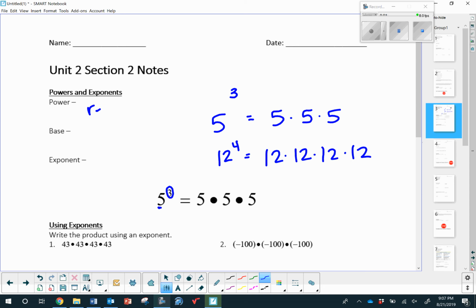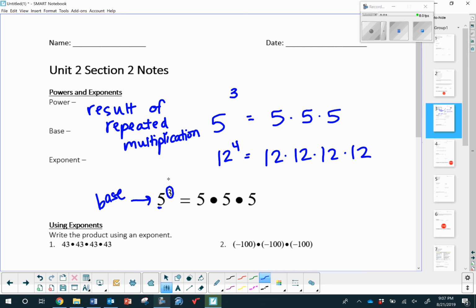So let's go ahead and write here that this is a result of repeated multiplication. And this 5 here, that is your base. The 3 here, that is your exponent. And I'm going to grab another color, red. That whole thing is your power.